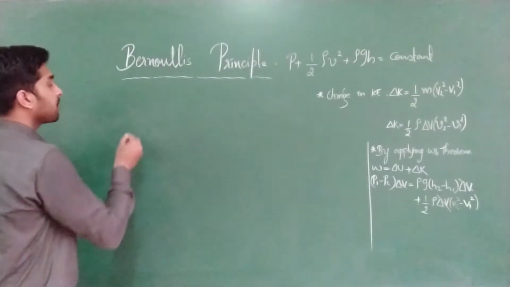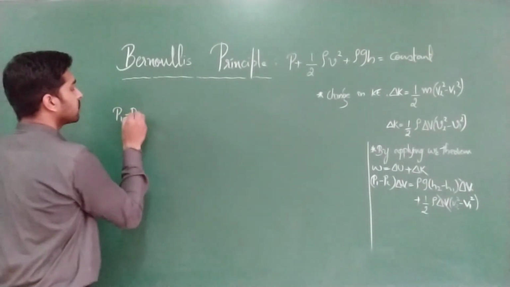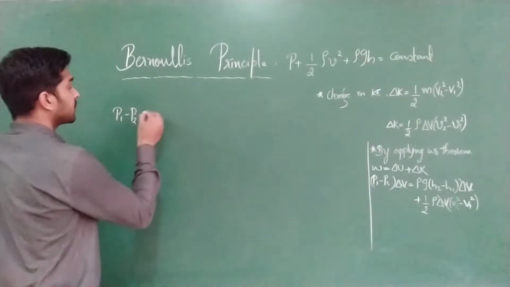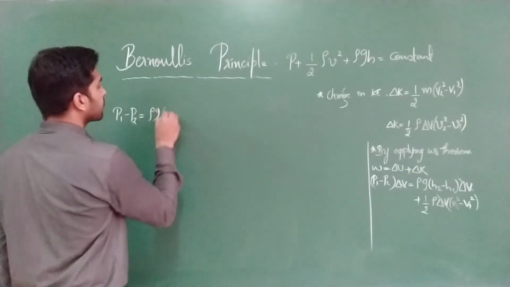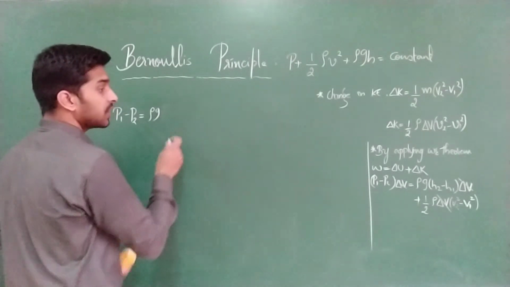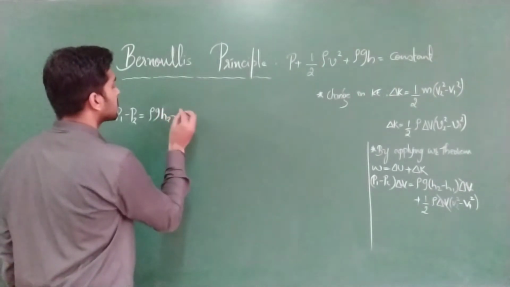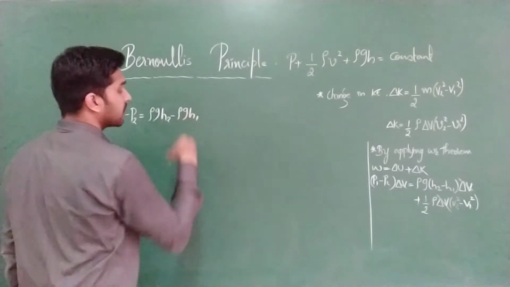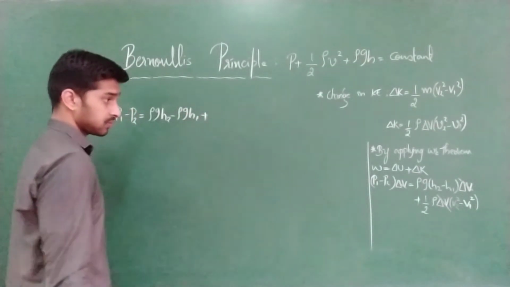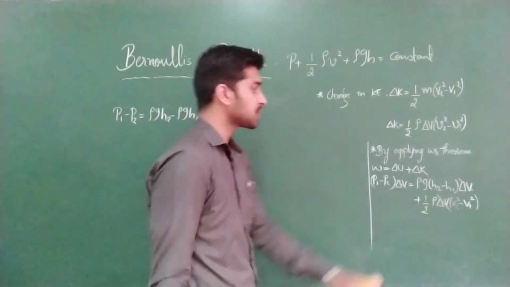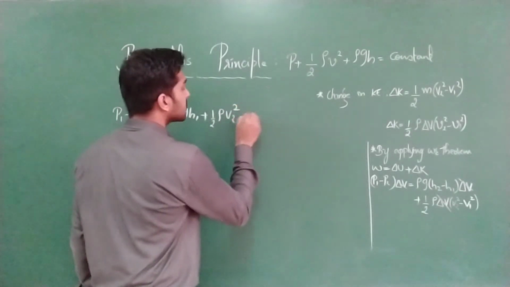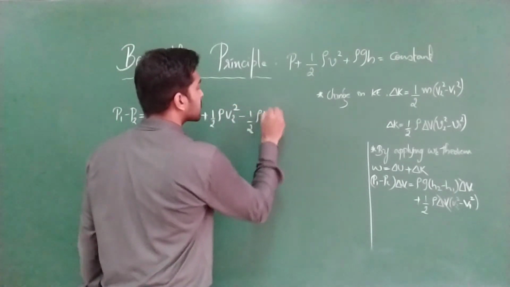What is remaining? P1 minus P2 is equal to rho g H2 minus H1, or you can multiply rho g inside: rho g H2 minus rho g H1, plus half rho v2 square minus half rho v1 square.